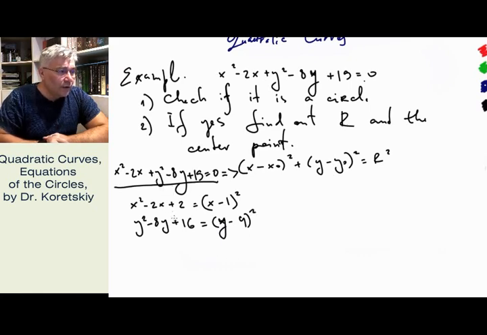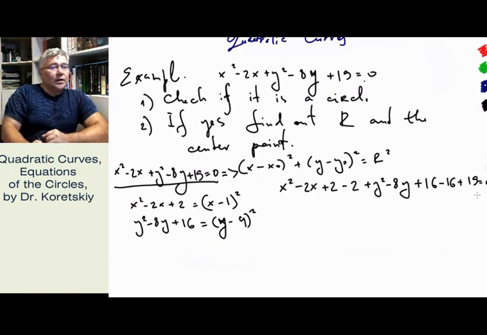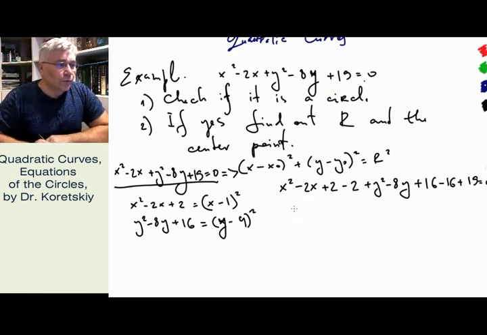We don't have these here, but we can add them and take them away. So we can rewrite this expression as x squared minus 2x plus 1, and take away 1, plus y squared minus 8y plus 16, and take away 16, and I still have this 19 here, and all of these things on the left side equal 0.